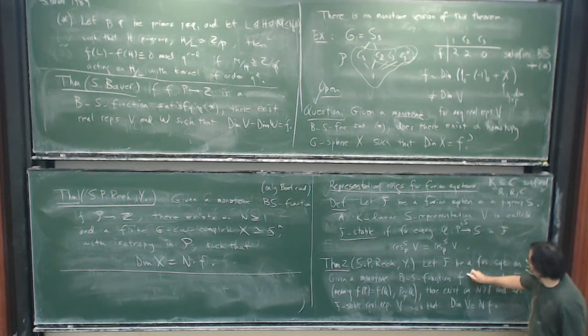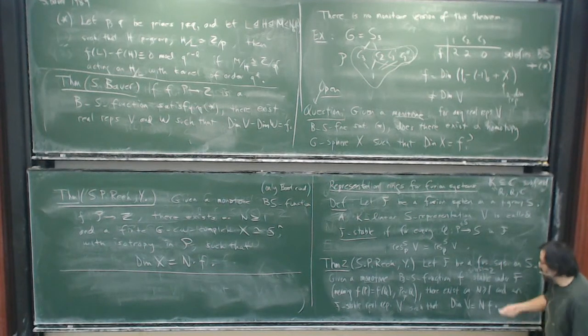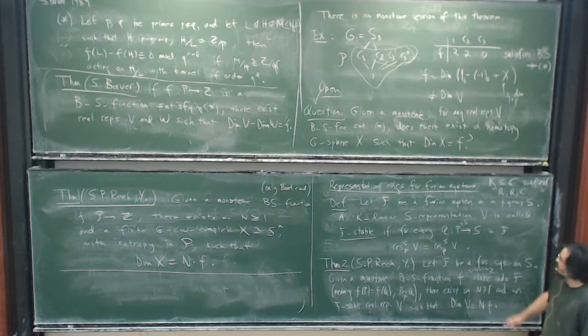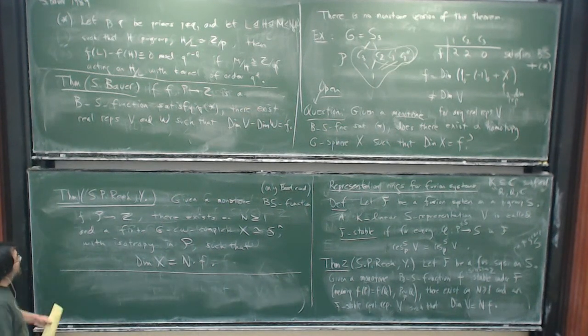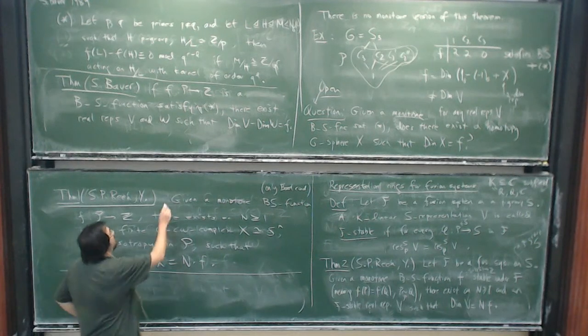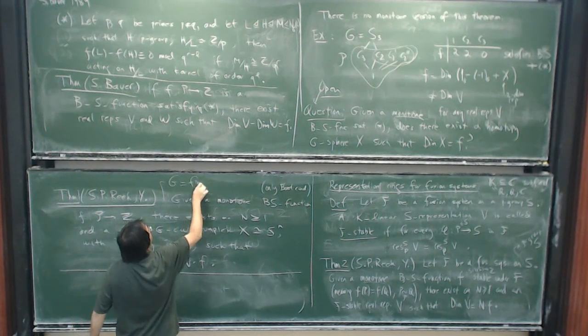This is Borel-Smith functions on the subgroups of S. If you have a Borel-Smith function which respects the F conjugation, then for some n you can find an F-stable real representation V, so that its dimension function is n times f. So this is at one prime p. So on a p group S. So it's a theorem on one prime p, and then how they apply to this situation where this starts with G a finite group.